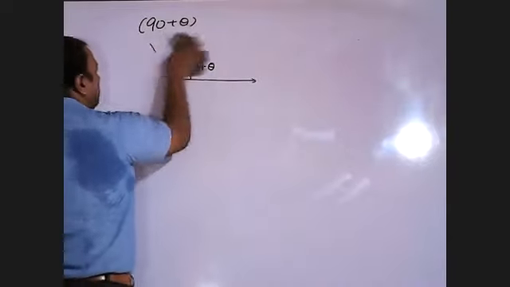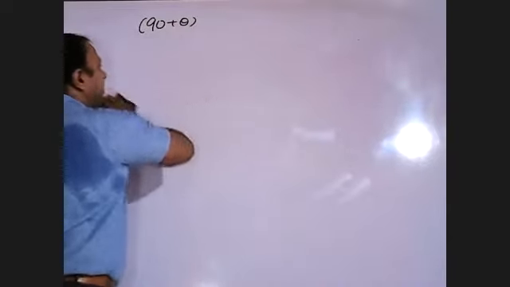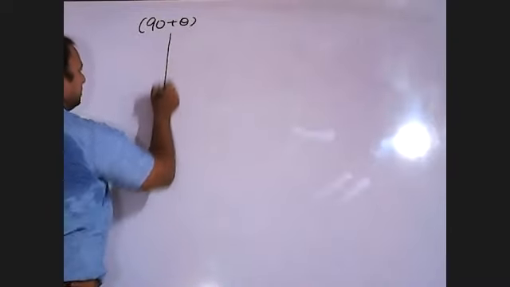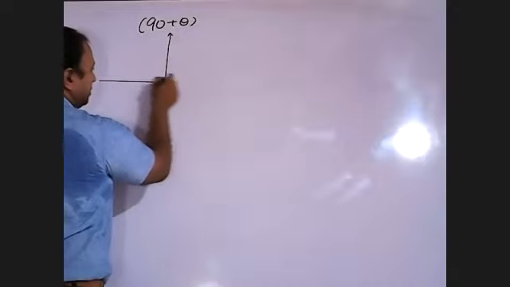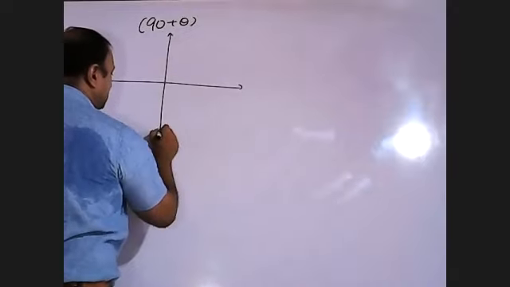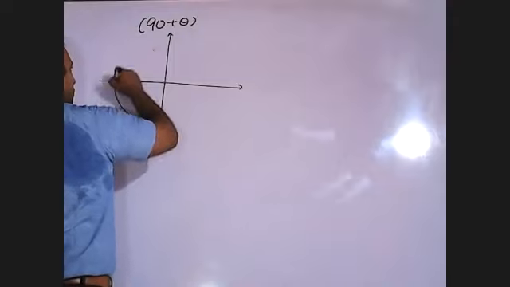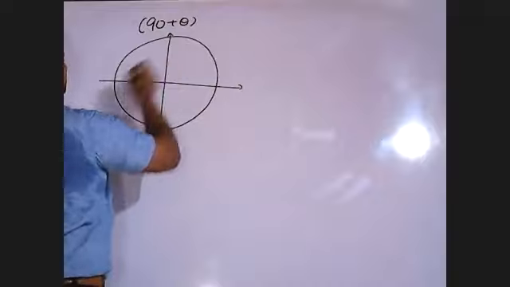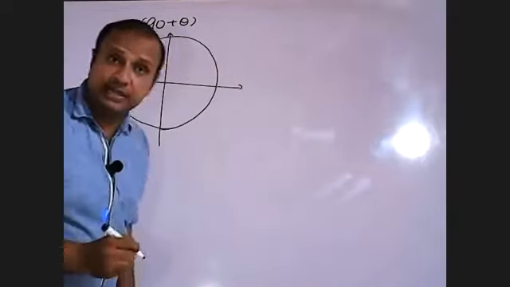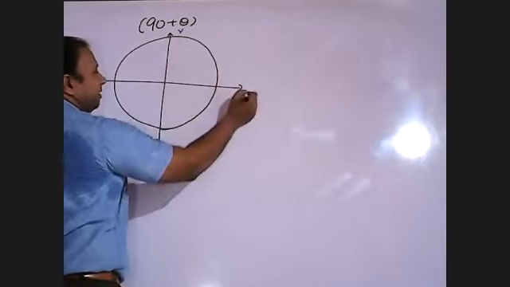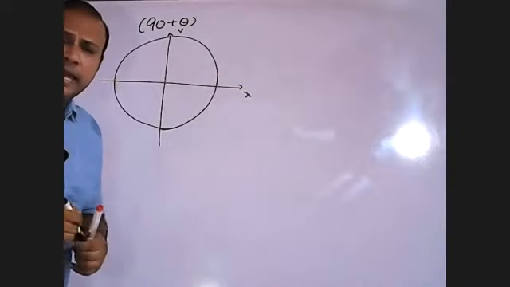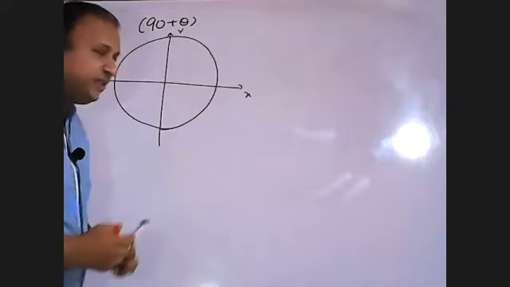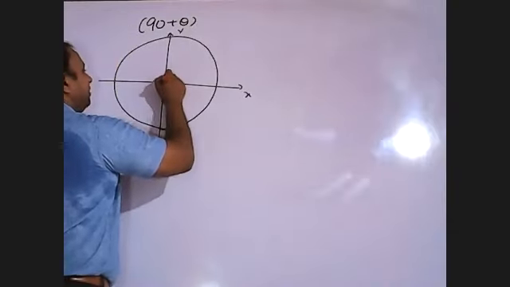Actually, I can draw the unit circle, then it is easy. This is the unit circle. This is y, this is the x-axis. Now, I'm going to represent 90 plus theta on this figure.